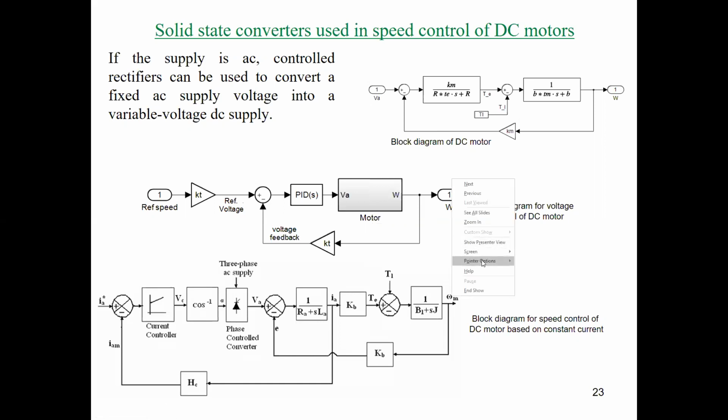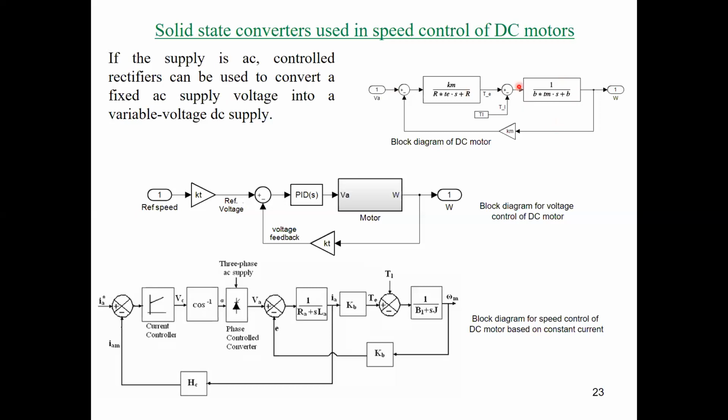Simply, if we can see here on the right-hand side, there is a block diagram for the DC motor. We have described it in the beginning of the lectures using the dynamics of DC machines. This part represents the electrical model of the DC motor, and that part represents the mechanical or dynamic equation of the DC motor.